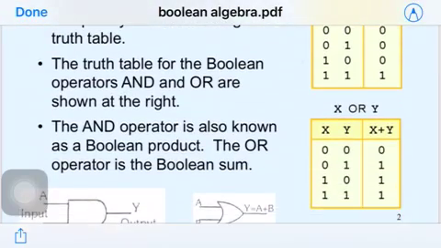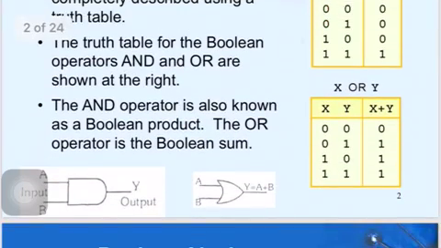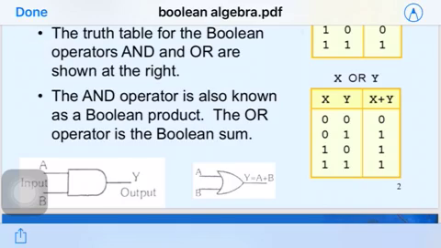And the truth table for the OR operator is given below. Similarly, x and y will have 4 different combinations of input values. OR is given with the plus operator. 0 or 0 gives 0, 0 or 1 gives 1, 1 or 0 gives 1, 1 or 1 gives the output as 1.